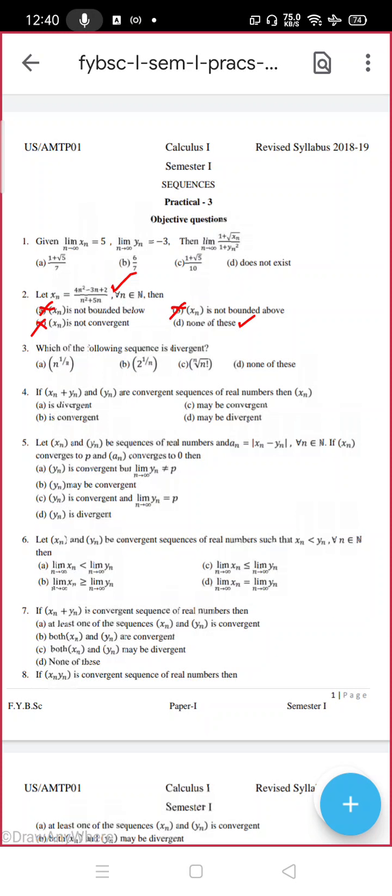Nobody is replying. What about the first option, option A, whether it is convergent or divergent? What about the first option? Hello, can you hear me?